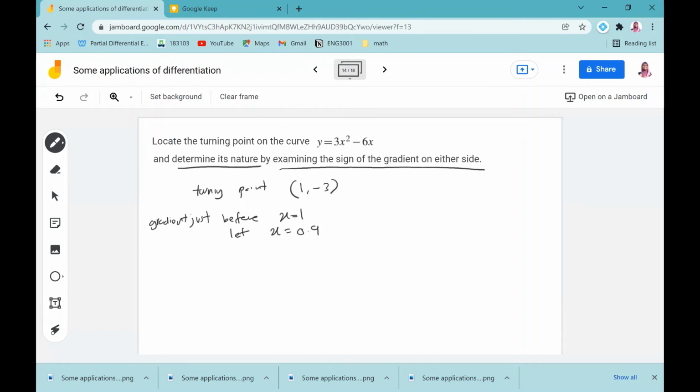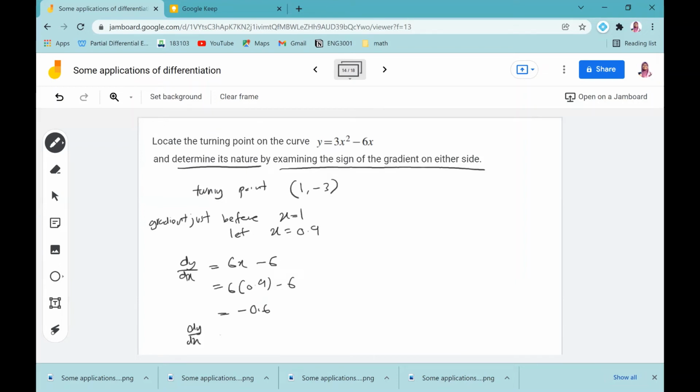So dy/dx, which is 6x minus 6, we substitute with 6 times 0.9 minus 6. So dy/dx we will get negative 0.6, so dy/dx here is negative.